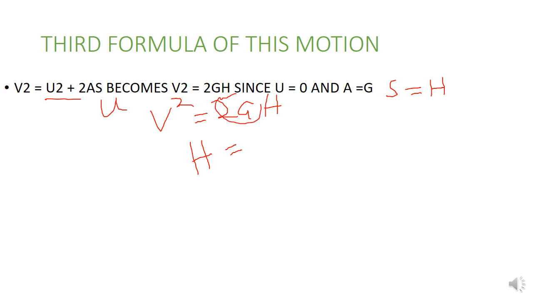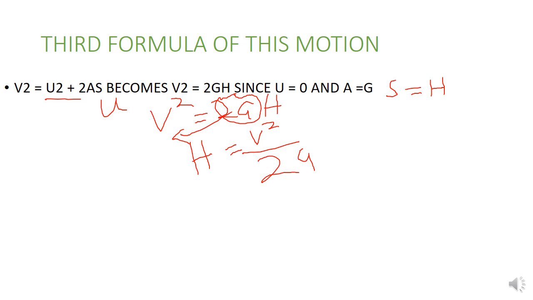We get it by simply transferring 2g to the other side. When you take this 2g to the other side, it becomes v squared divided by 2g. So for example, there is an object which is falling from 100 meters.